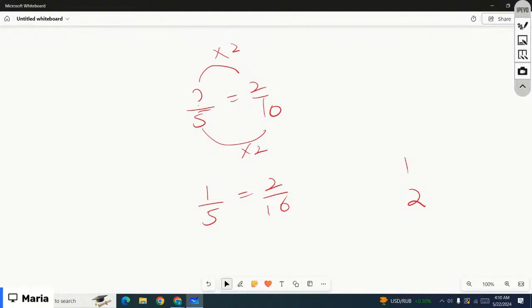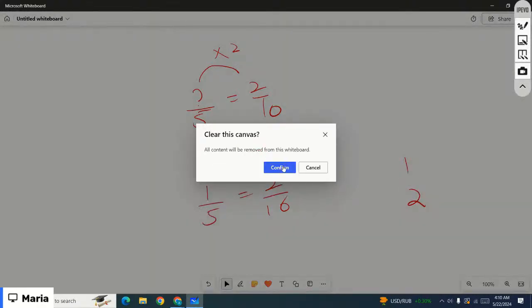Okay, the next one is which fraction is equivalent to 3 by 9? You are given the options 1 by 3 and 1 by 2. So which is the correct option?